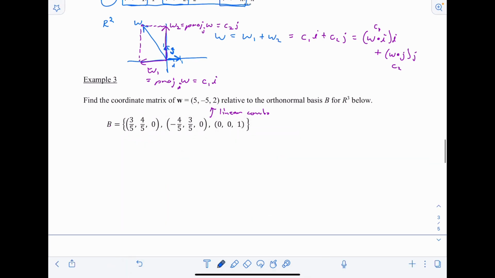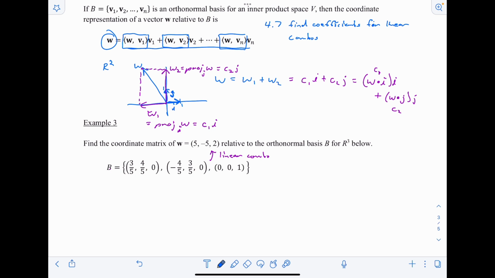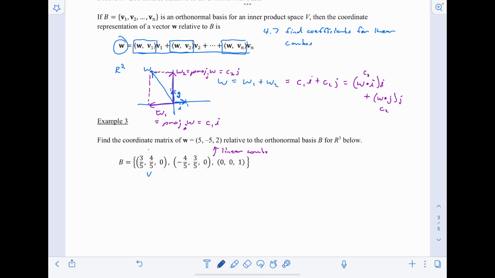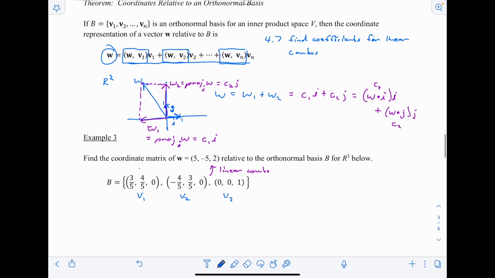So, again, just thinking of this formula above, we're going to take the dot product of W and V1. So I'm going to call this V1. Here, I'll write it below V1, V2, V3. Now, I don't need to worry about multiplying by these vectors up in the equation, because I don't need the actual vectors.